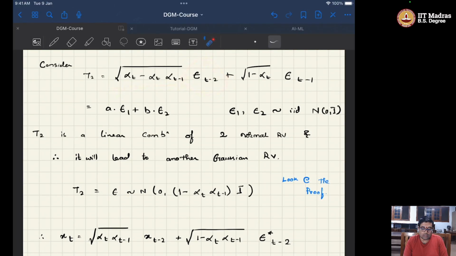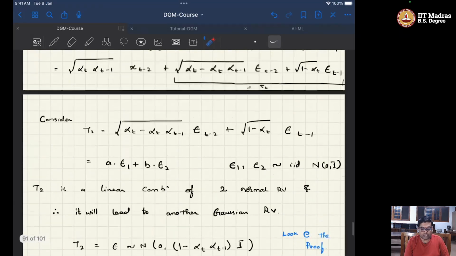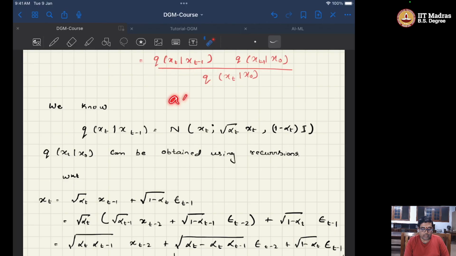This is a normal distribution. This is a normal distribution. And this is aX plus bY. Now I just did it for X plus Y, and I assume that from this you are capable of doing it for aX plus bY.